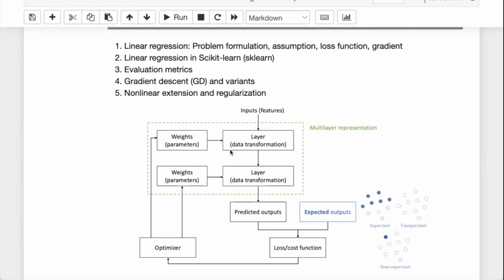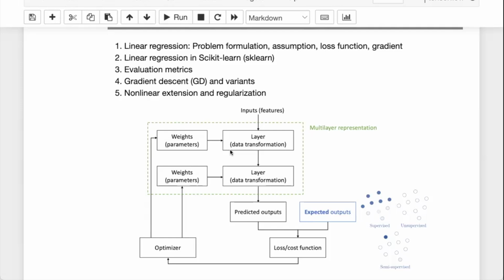And at the end of this module, we will focus on nonlinear extension of linear models and also a very important technique known as regularization, which can also help us to better find machine learning models that can capture intrinsic data structures.